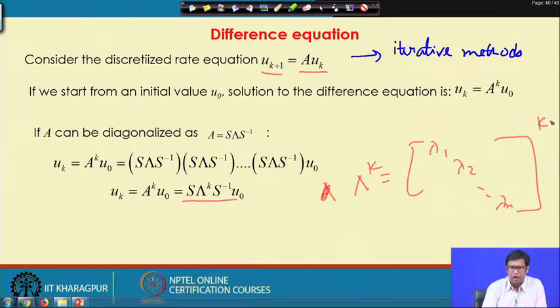Now, if we can form this matrix, we can find out the eigenvalues and the eigenvectors. We can find out how u 0 will be changed to u k after k successive steps of the difference equation.